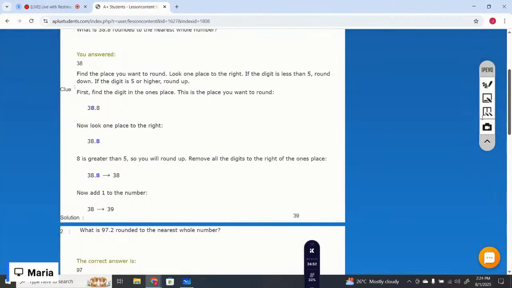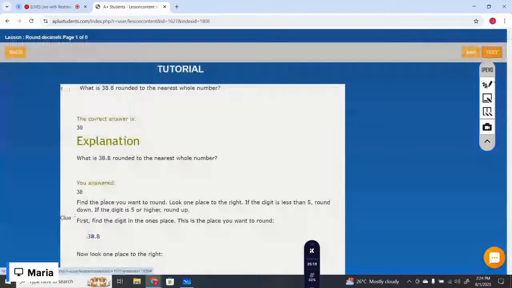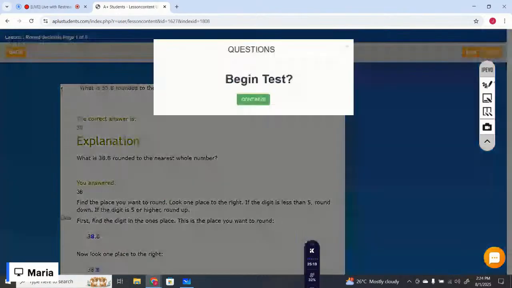The digit right after the decimal point is 8 and 8 is greater than 5. So it would be rounded up to 39. So 38.8 is rounded to 39. Let's just start with the test questions.